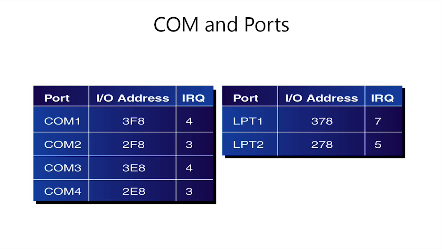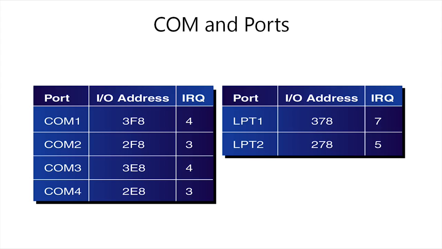So the COM port 1 is 3F8, the COM port 2 is 2F8, and the interrupt request that goes with it, right? So you used to be able to configure COM port 2 on interrupt 4 or 3. It was pretty common. So you can't have all these devices hooked up at once. They can only be used at certain times.